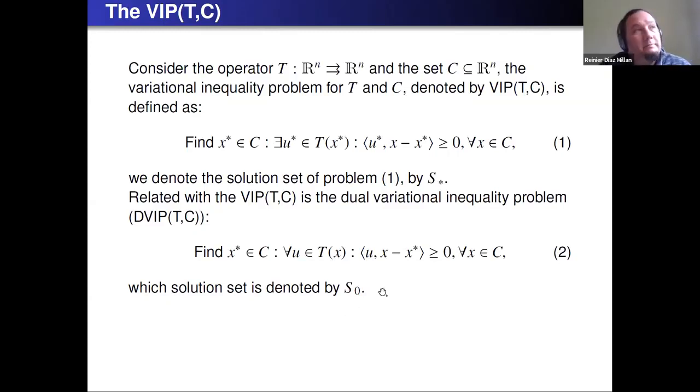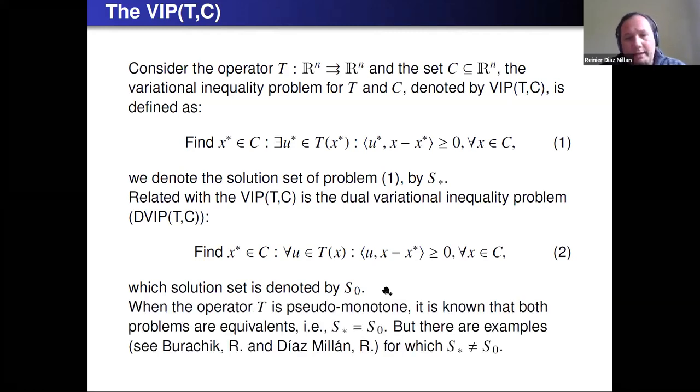Okay, there are some results and an example for which S0 and S star are not equal. But when the operator T is pseudo-monotone and satisfies some kind of continuity, for example a closed graph, then it is known that both problems have the same solution. They are equivalent when T is pseudo-monotone.